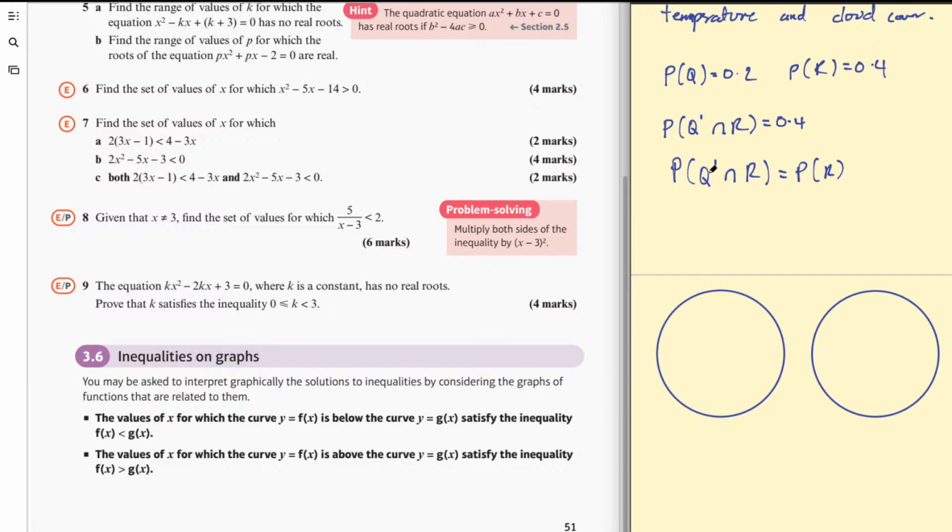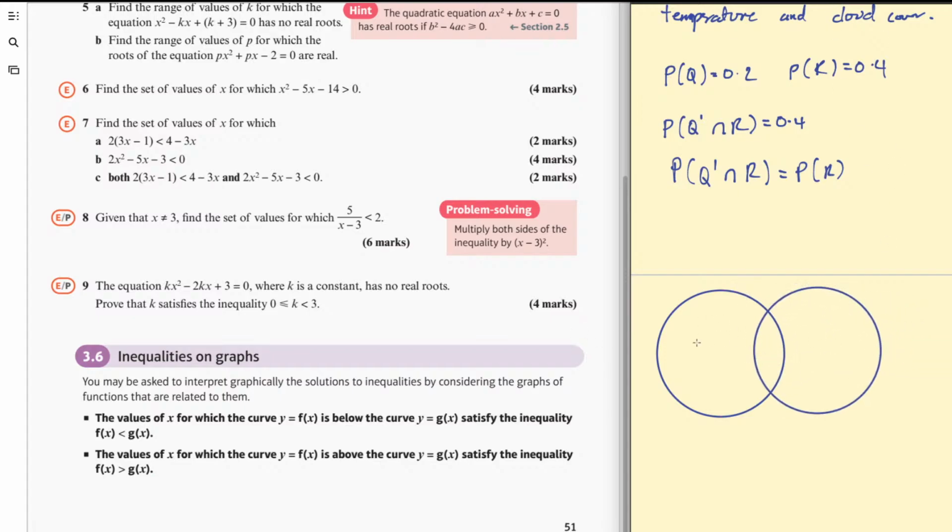So Q complement is everything outside of Q. If the intersection of Q complement and R is just R, then there must be no intersection. So let me put it another way.